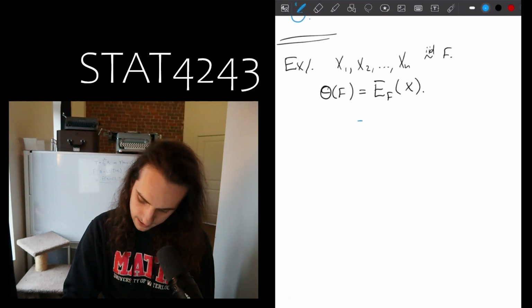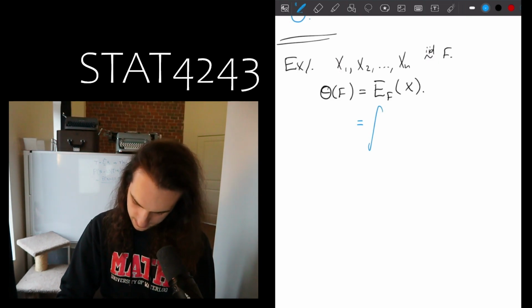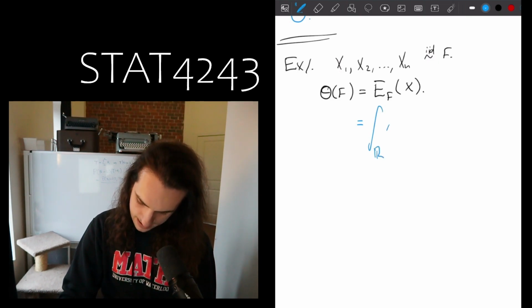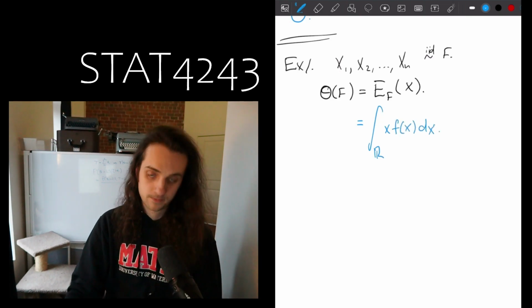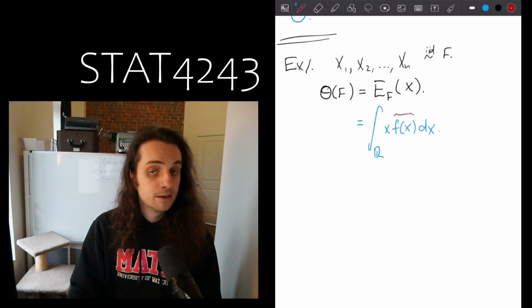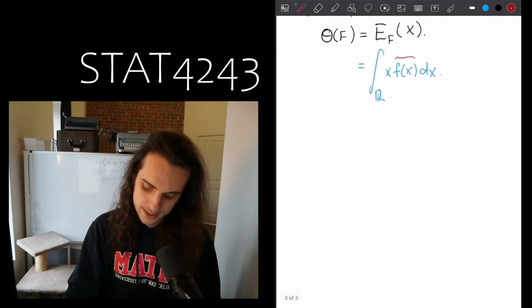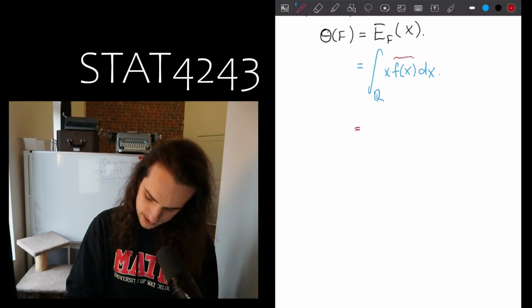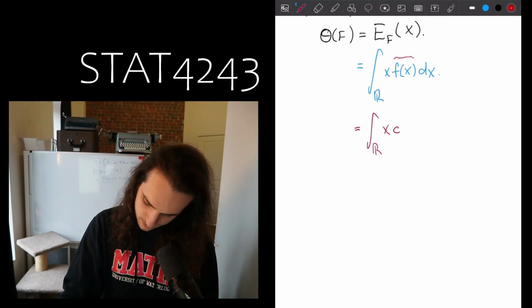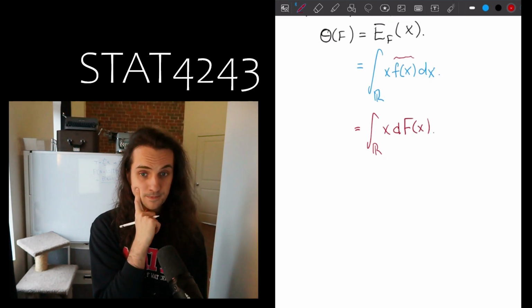Well, we could write this as the integral over the real numbers of x times f(x) dx, where f(x) is the density. But perhaps the density doesn't exist, and perhaps this is too restrictive for us. So the other way that you might see this written out is as the integral over the real numbers of x, and then we write it in this notation, dF(x).